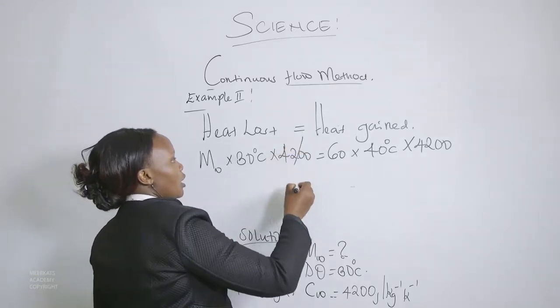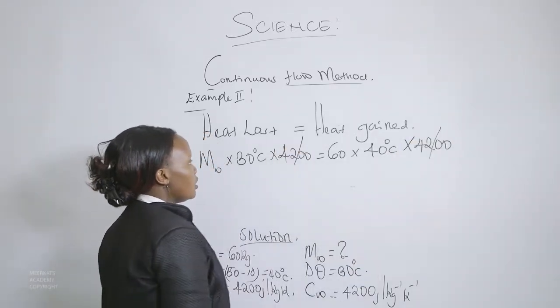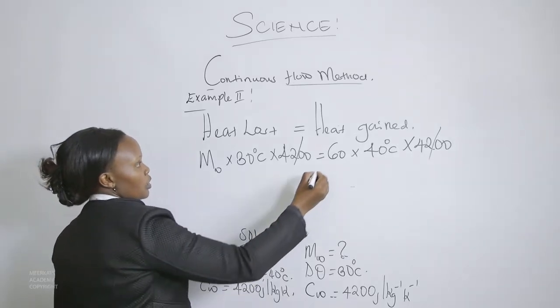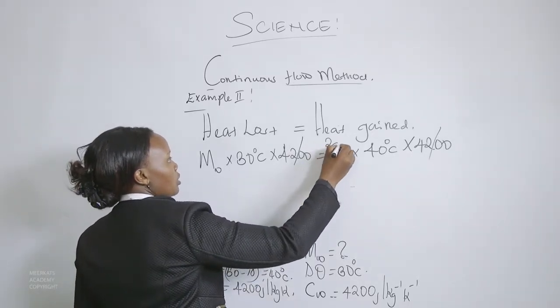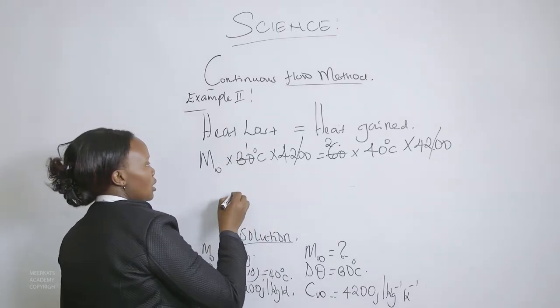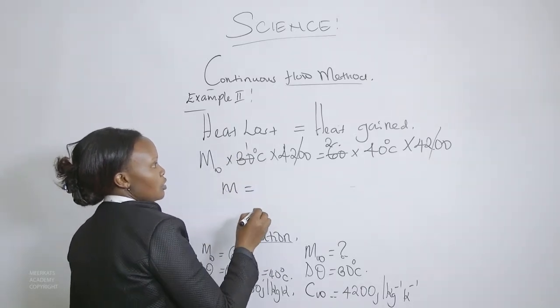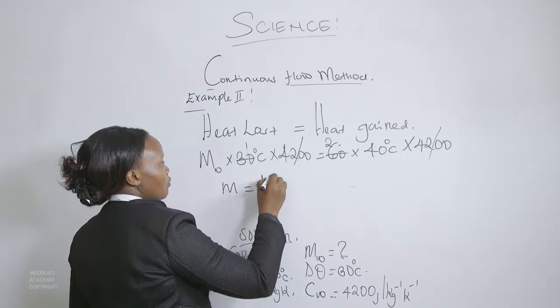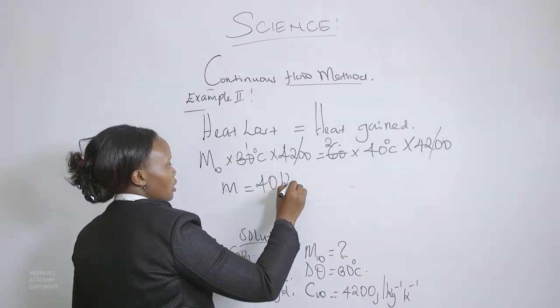Now, we are supposed to cancel out so that we can be left with the mass. And our mass is finally going to be 40 kgs.